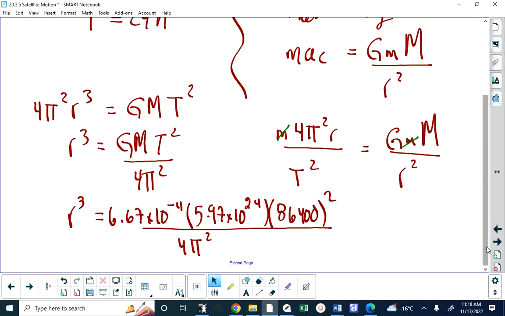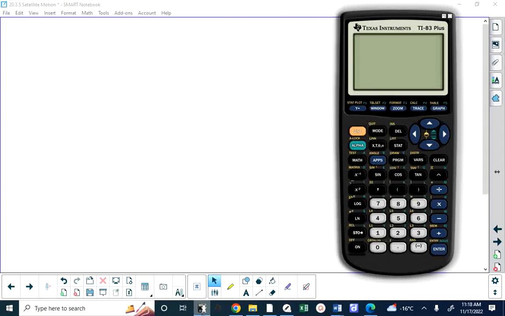Unfortunately, I didn't write down the number. Can somebody tell me what we got for a radius? 4.2 times 10 to the 7. So just a quick calculation here. 4.2 times 10 to the 7 divided by 6.37 times 10 to the 6 is about 6.5 times the radius of the Earth. Okay? So it's quite far out there.